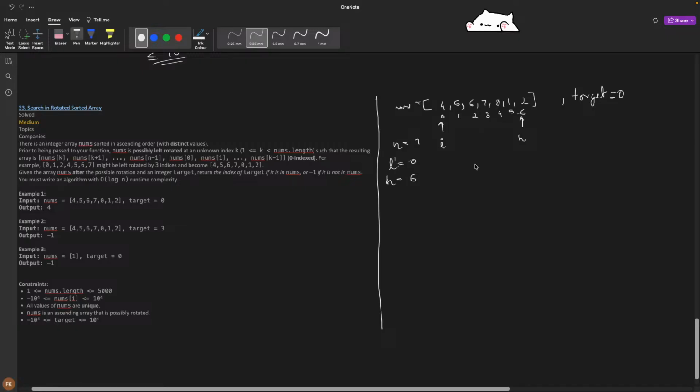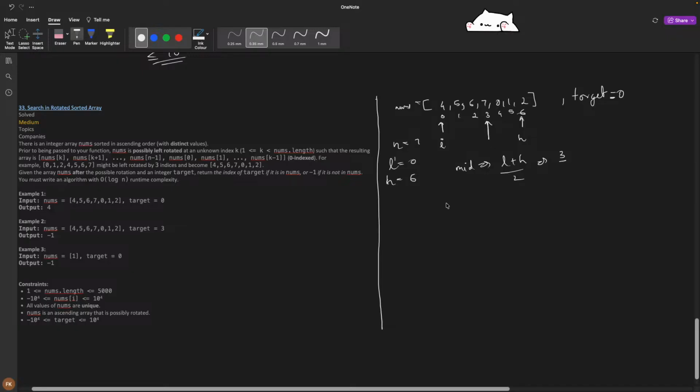Mid would be low plus high divided by 2, which is 3. If mid is the target, we return mid, right?